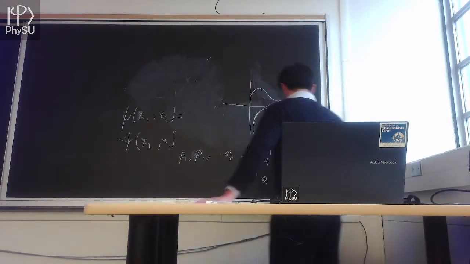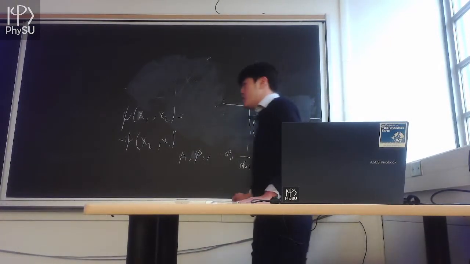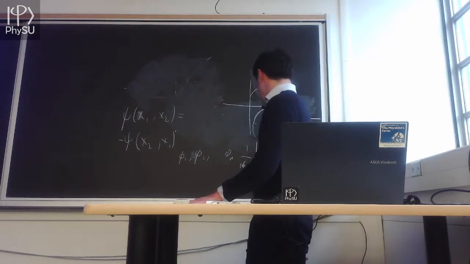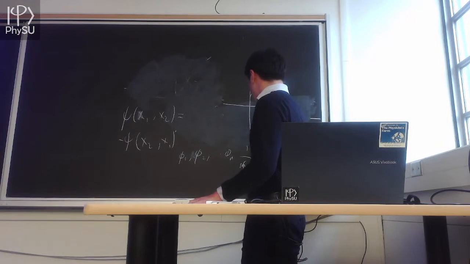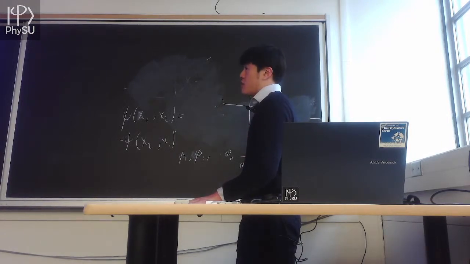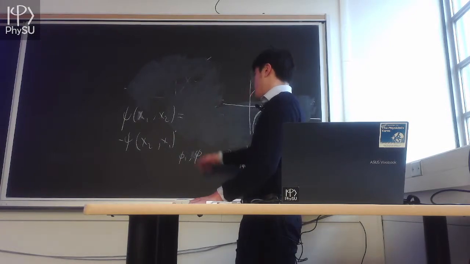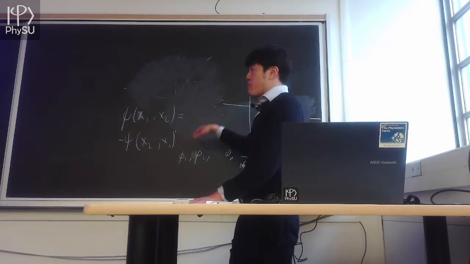This is a Slater determinant, and Hartree-Fock assumes that the electronic wave function takes the form of a Slater determinant, and then it tries to find the orbitals that minimize this Slater determinant energy under the variational principle.